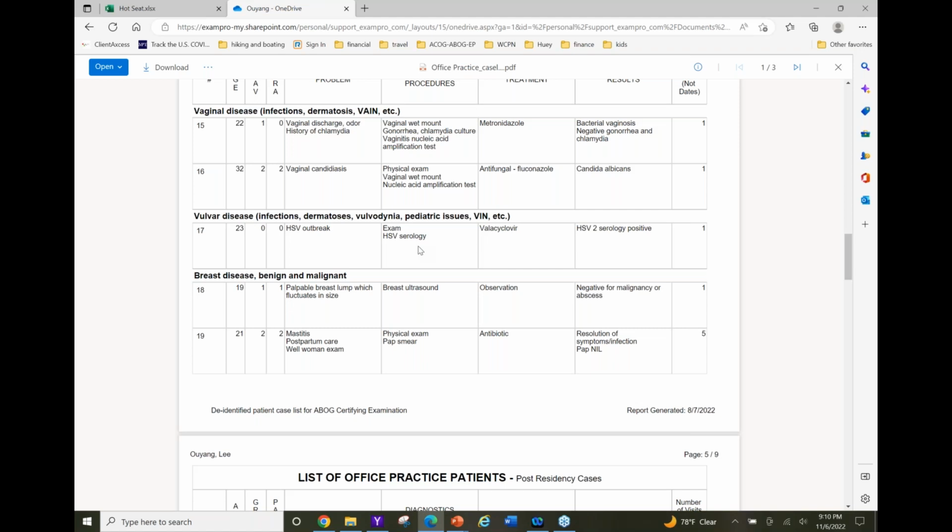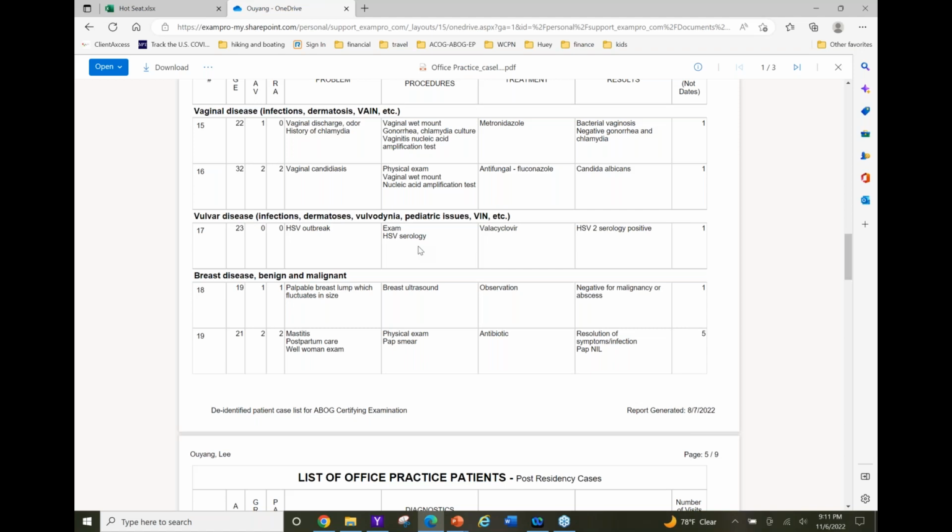It's consistent with someone who's been exposed to genital herpes. Okay, so what did you tell the patient? How did you counsel her once you had the results back? I discussed that just based on her presentation and the serologies I had, the most likely diagnosis was that she was having an HSV2 outbreak.